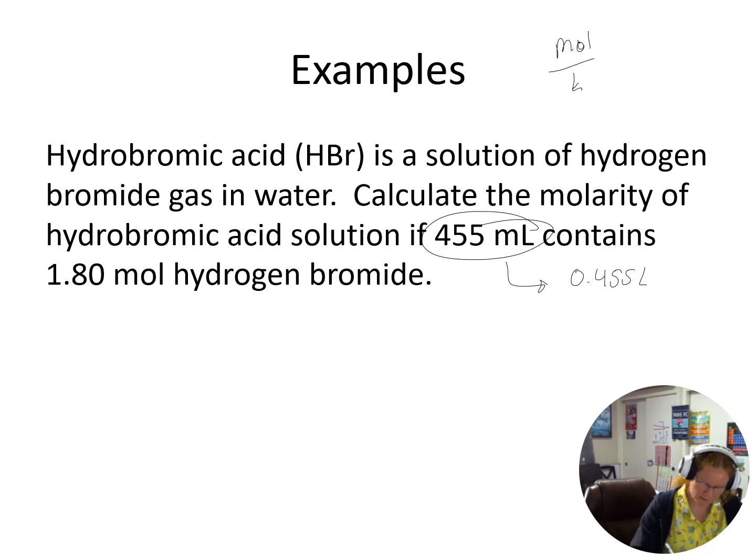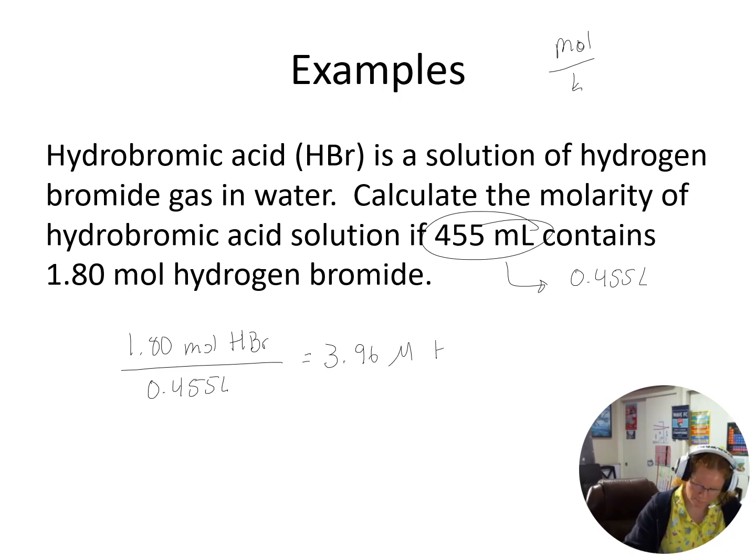Okay? So then I take my 1.80 moles of hydrogen bromide over 0.455 liters, and I get 3.96 molar hydrogen bromide, or hydrobromic acid. Since once you dissolve that in water, this one becomes an acid. Okay?